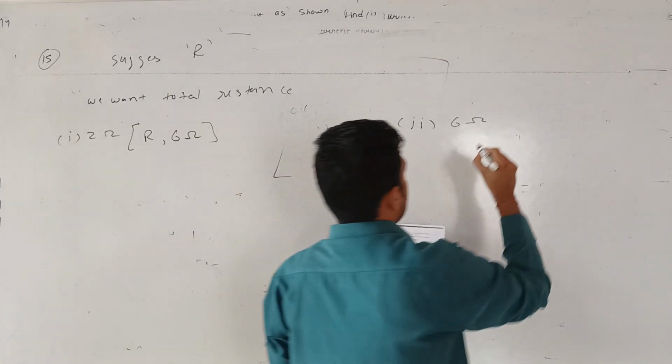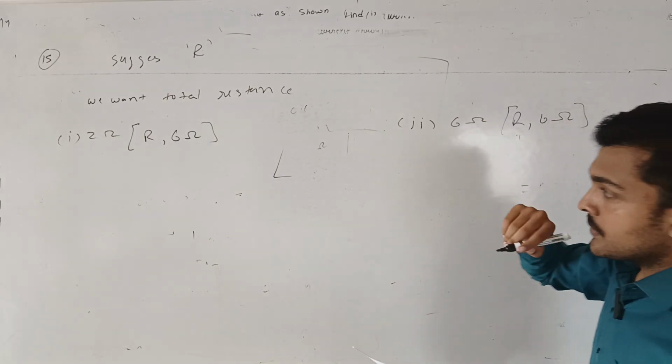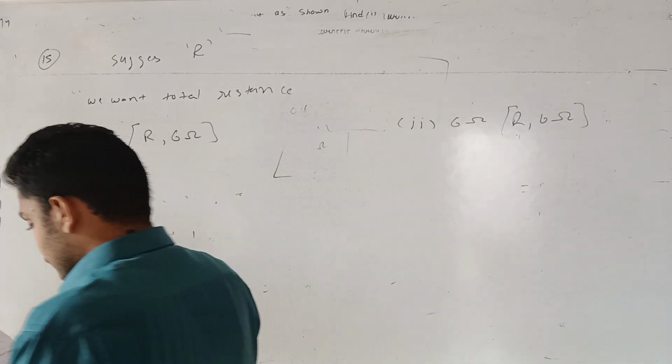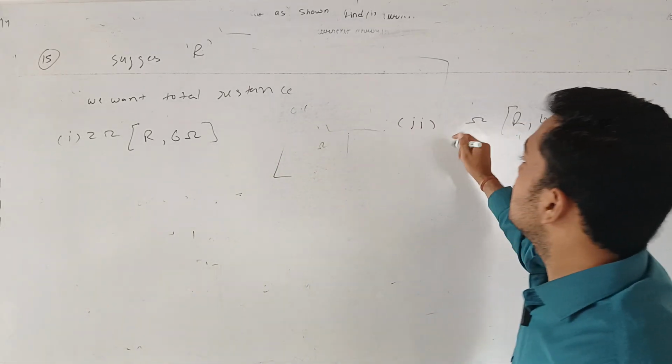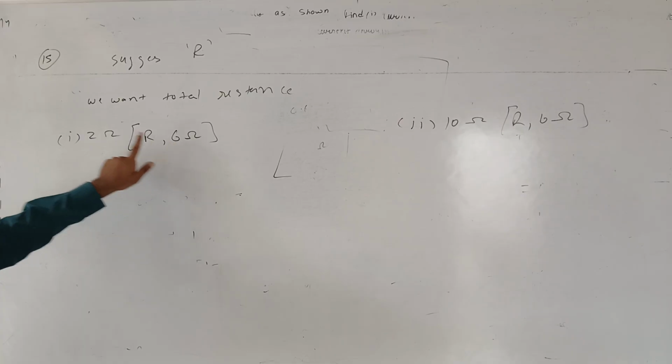And this also we want from R and 6 ohm resistance. So together, this is 10 ohm. We want 2 ohm and 10 ohm from R and 6 ohm resistance.